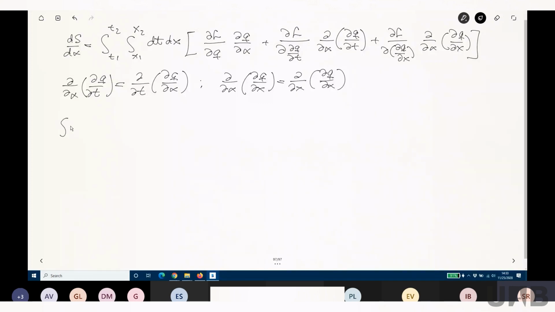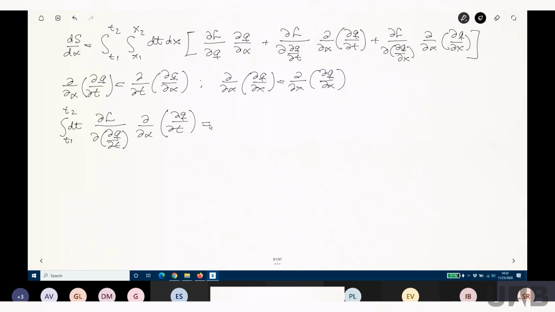So now we have the integral with respect to t from t1 to t2 of the derivative of the Lagrangian density with respect to the derivative of q with respect to t, times the derivative with respect to alpha of the derivative of q with respect to t. So I'm treating this first term. And what I do is exactly what we did in the case of discrete systems.